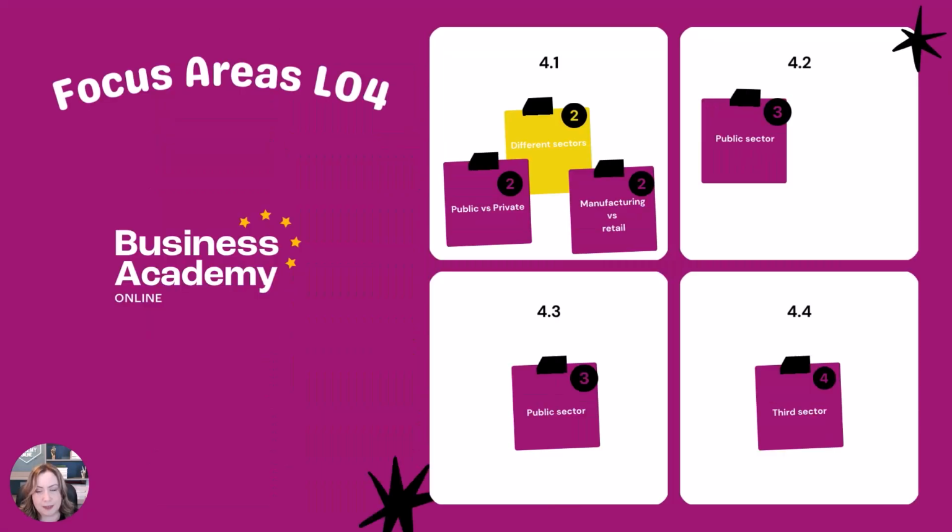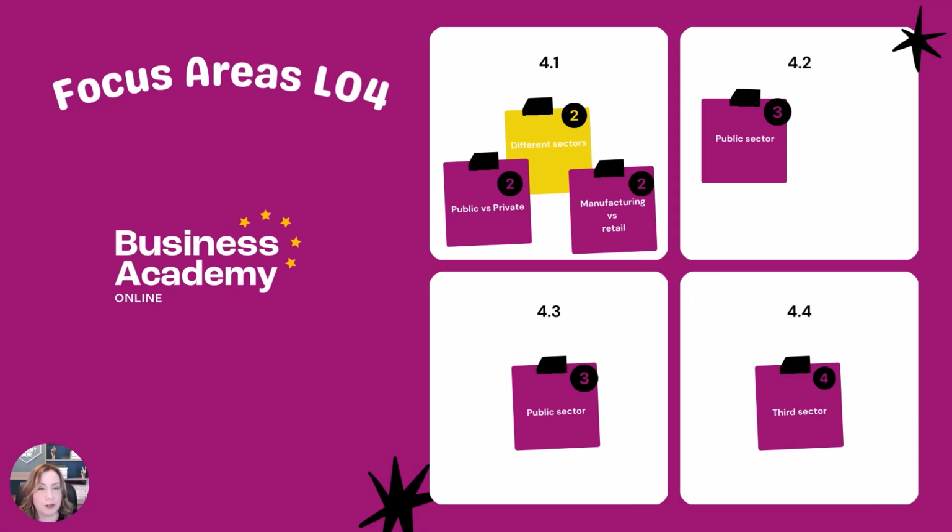So there aren't that many different types of questions that they tend to ask in Learning Objective 4, but it is very important that you read the question carefully and check the nuances in that question. What is it actually asking for? What is the context? And make sure you relate it back.